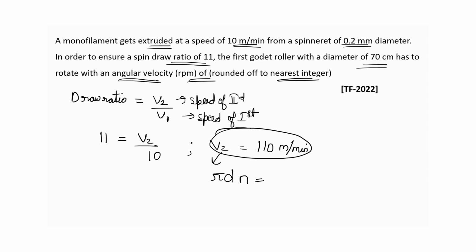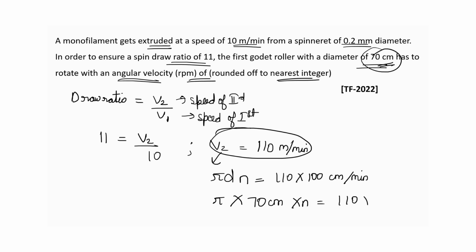Since the diameter is given in centimeter, the objective is that all the units should be in the same dimensions. So you can write 110 into 100 centimeter per minute. The centimeter will get cancelled. Diameter is 70 centimeter, into n, equals 110 into 100 centimeter per minute.